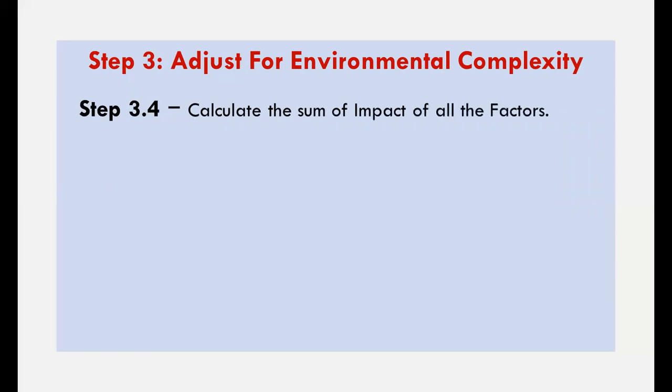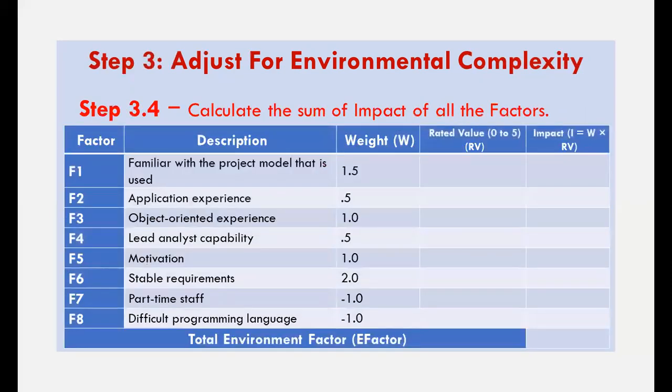This gives the total environmental factor, EF factor, and we can see that in this particular table. The total environmental factor is nothing but the sum of impacts of all the factors. So by using the formulas, we calculate the impact values, we do the sum, and we get the final total environmental factor.